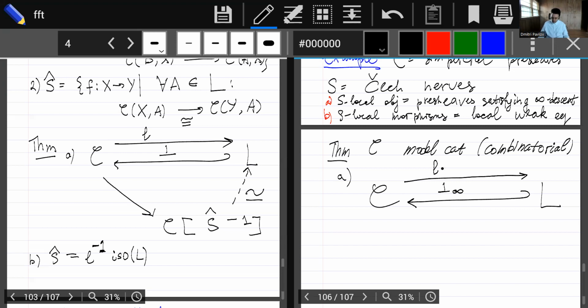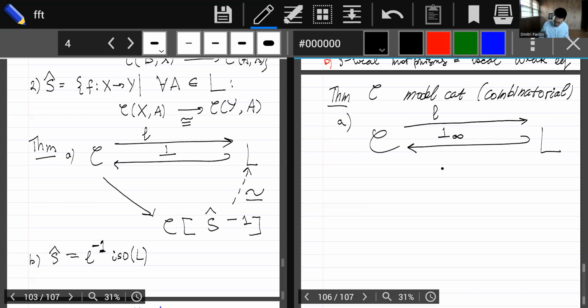And part B now states that S hat is precisely the pre-image under L of weak equivalences in capital L. So W with a subscript L is precisely the collection of all weak equivalences in the relative category.